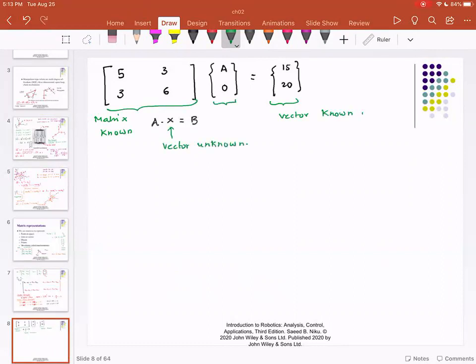Just like the previous scalar example, I'm going to pre-multiply left-hand side and right-hand side by A inverse.